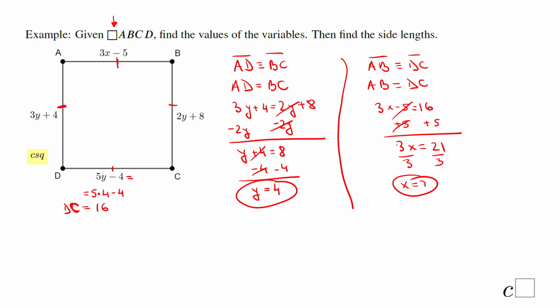And the last thing was to find the lengths of the segments. We have DC, here it's 16, the others are the same, AB, BC, and AD, all of them are the same because this is a square, 16.